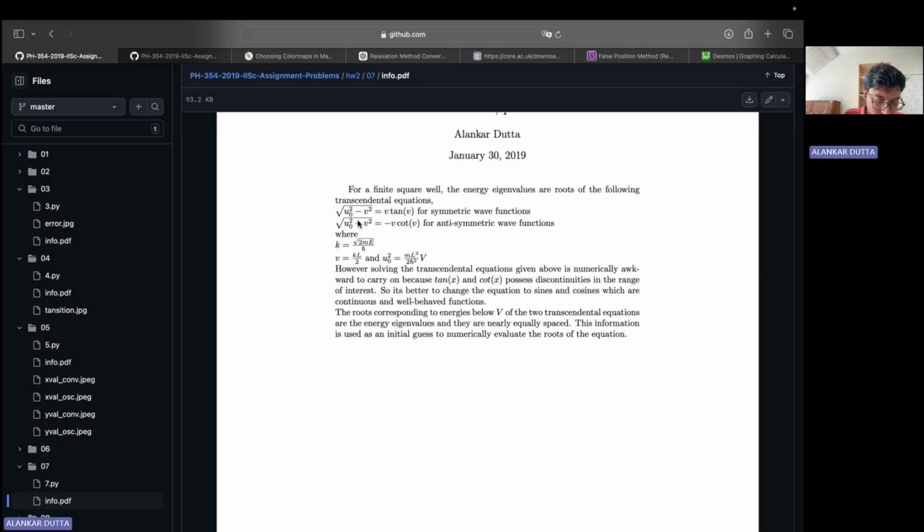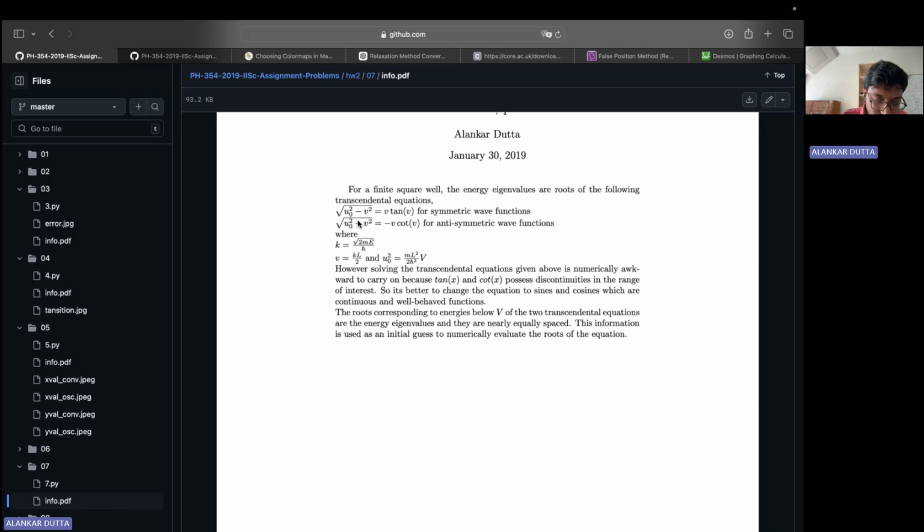Then you will have u naught square is equal to v square sec square v. And we know sec square v is nothing but 1 over cos square v. So this is simple. So you have u naught square minus v square by cos square v is equal to 0. This is what we are going to solve for the first set.